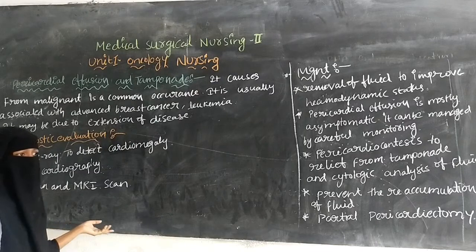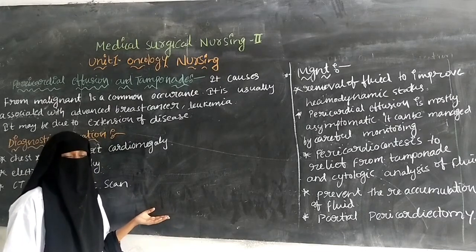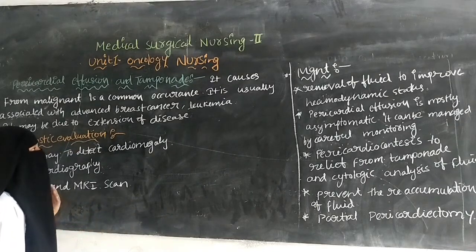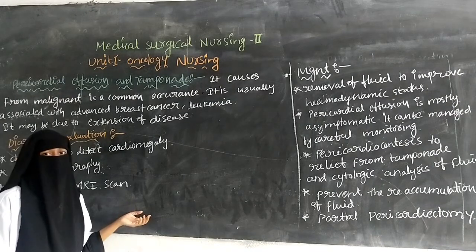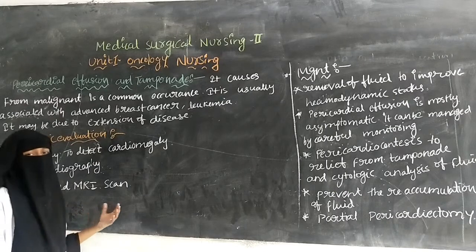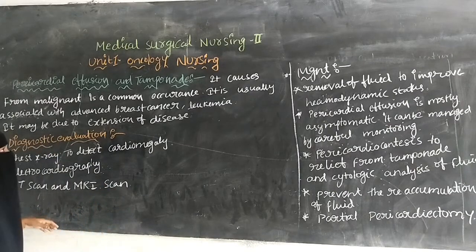If the patient has breast cancer or leukemia, it is an underlying cause of pericardial effusion and tamponade.